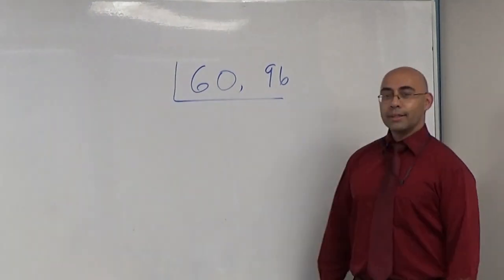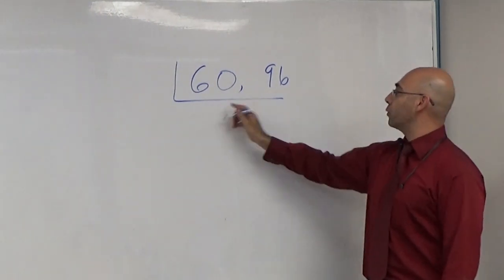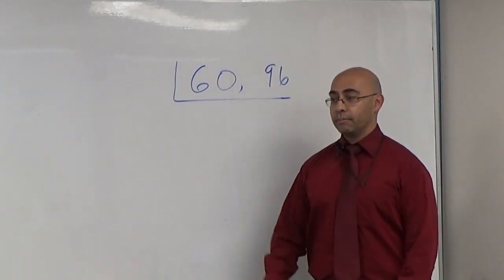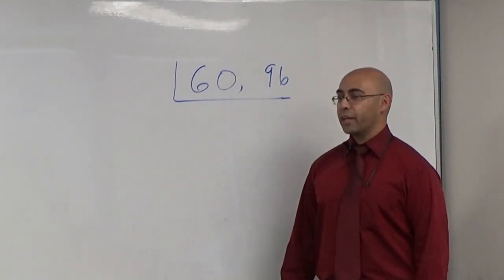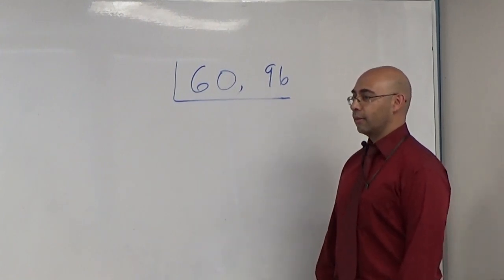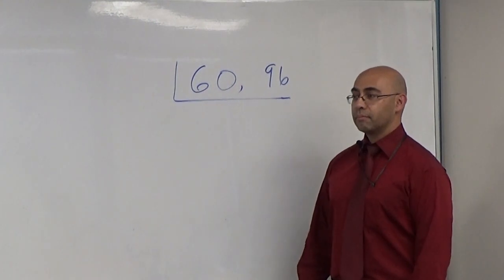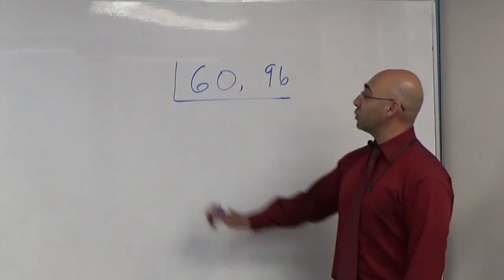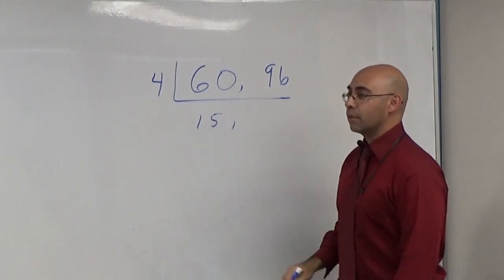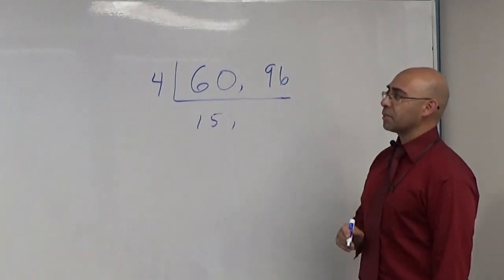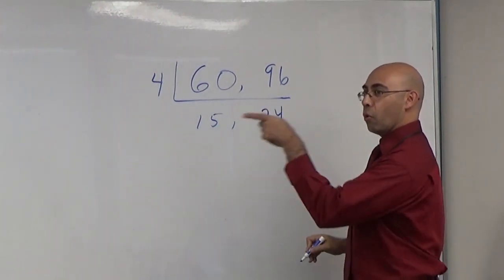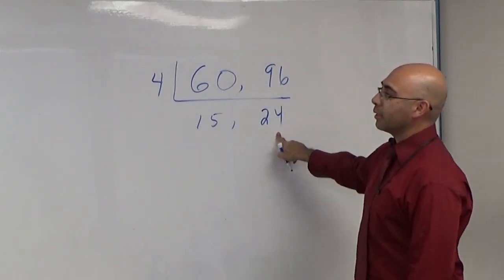And I'm going to divide it going down. What number goes into 60 and 96? Yeah, 1, but I can't divide it with a 1. 4? Yeah, let's try 4. 4 goes into 60 15 times. How many times does 4 go into 96? I think it's 24. I'm not sure. Check the board over there. Yes, it is.